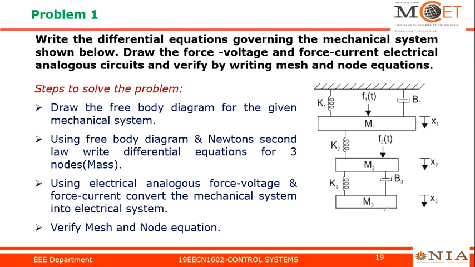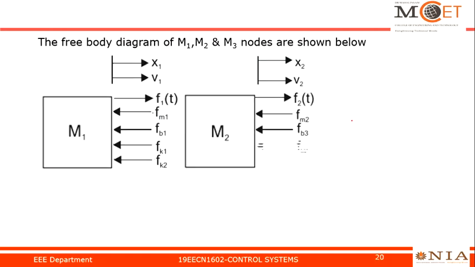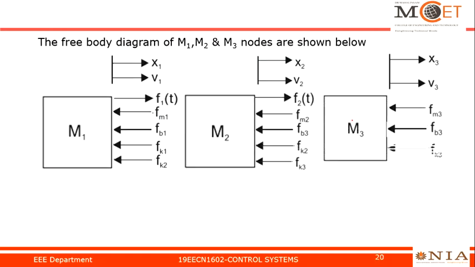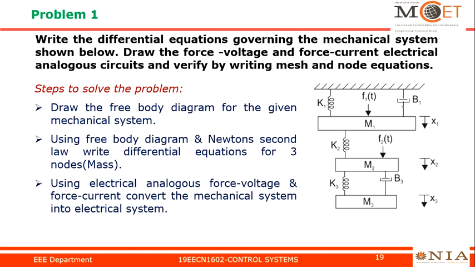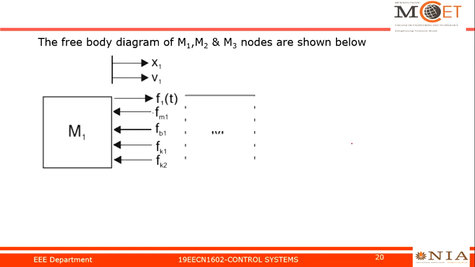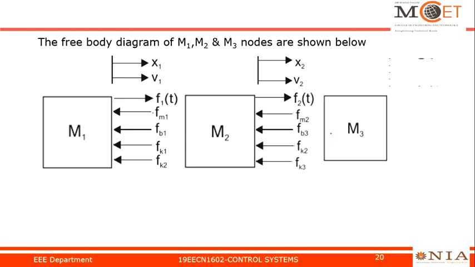And in M3 free body diagram, node 3. See the three different free bodies. I'm drawing three different free body diagrams for the given problem. First free body: Fm1, Fb1, Fk1, Fk2. And F1 of t is the applied force.